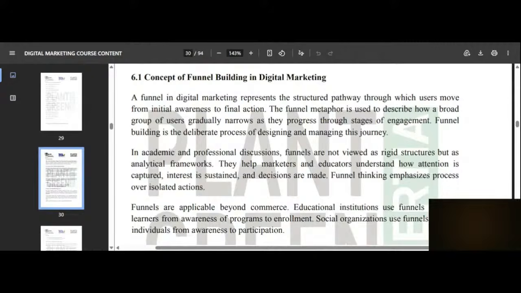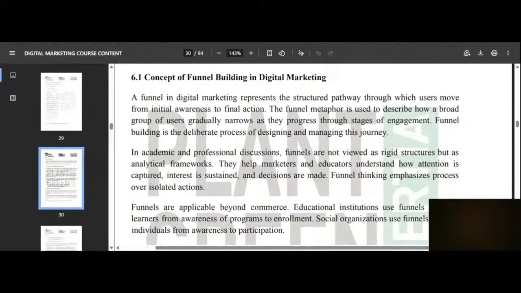Now, there are three main stages in funnel building. The first stage, which is the top of the funnel, is called the awareness stage. Now, what happens during this stage? The users don't know you yet. So, what is the goal of this stage?